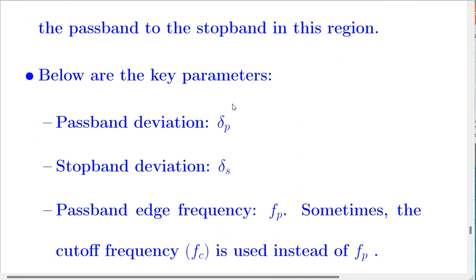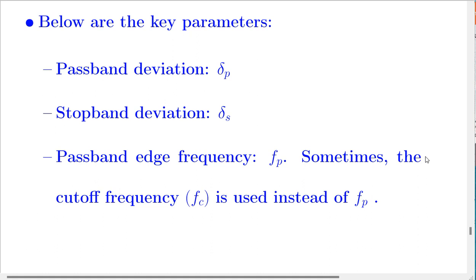Below are the key parameters. Passband deviation, delta P. Stop band deviation, delta S. Passband edge frequency, FP. Okay? Sometimes the cutoff frequency, FC, is used instead of FP. Okay? You don't need to worry about it.